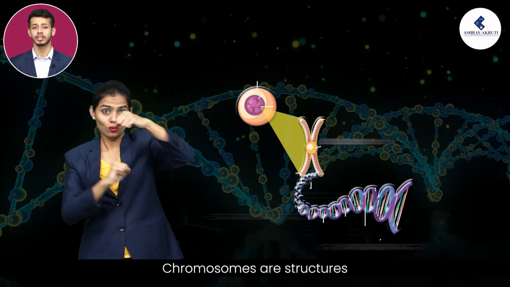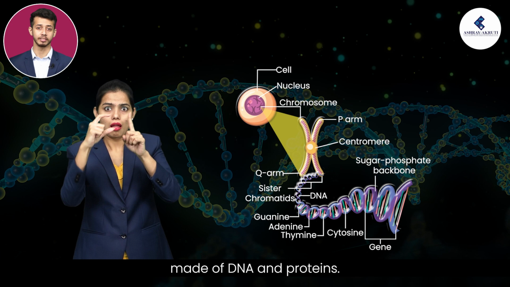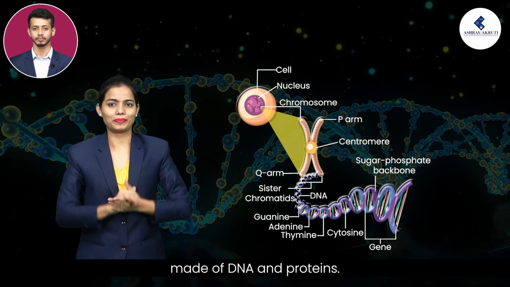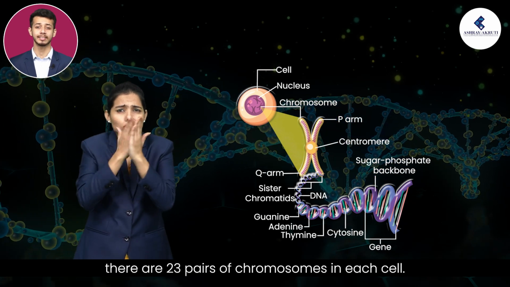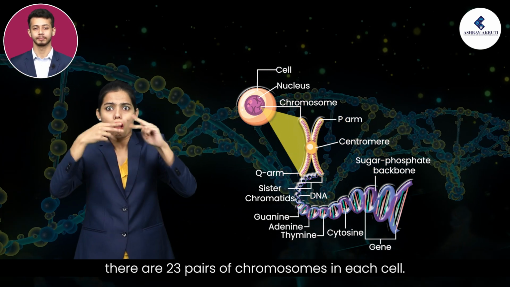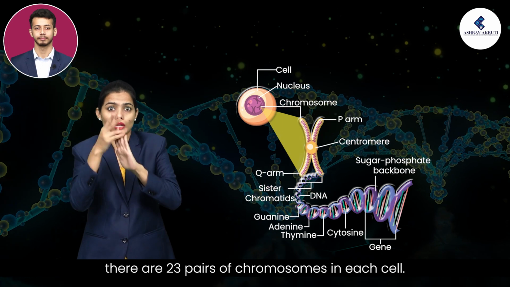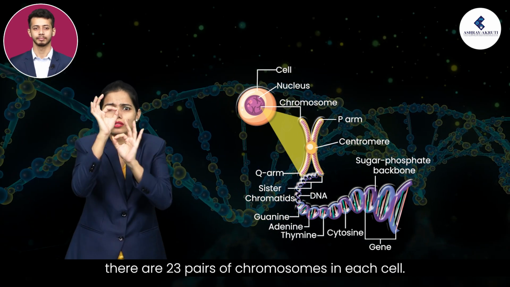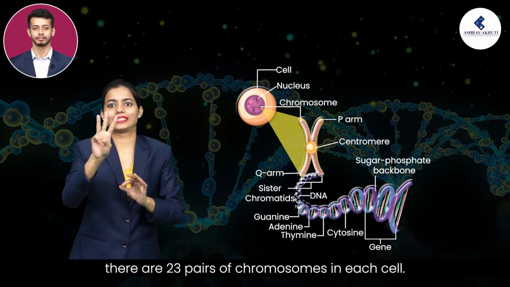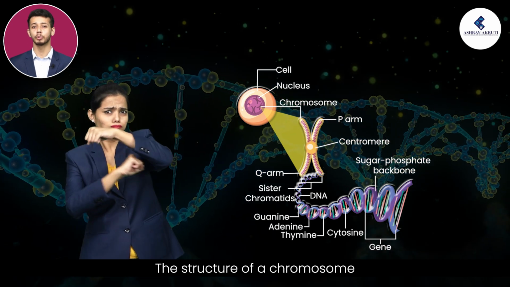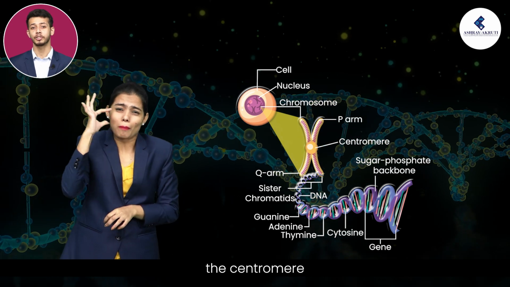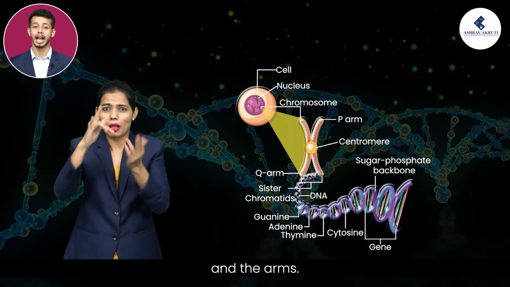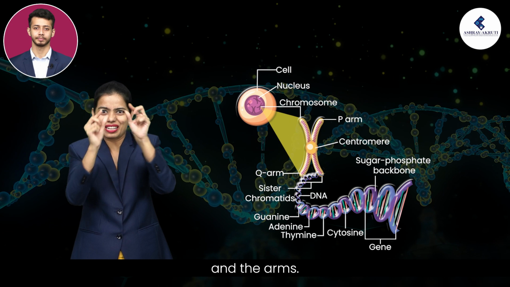Chromosomes are structures made of DNA and proteins. In humans, there are 23 pairs of chromosomes in each cell. The structure of a chromosome can be divided into two main parts, the centromere and the arms.